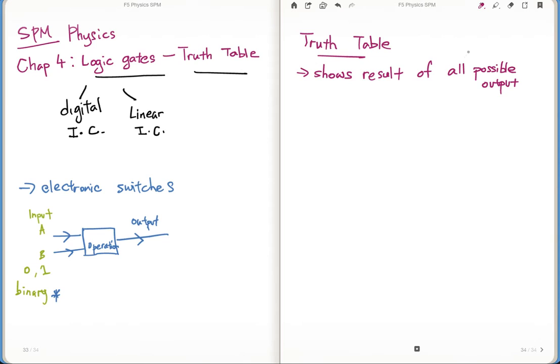There's a mathematical formula to find out the possible output number.